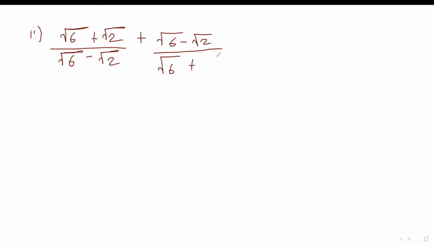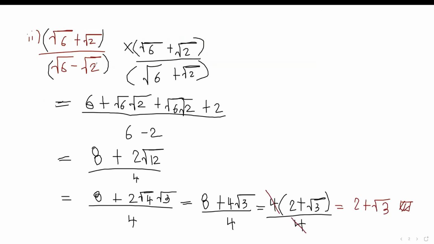Now look what I'm going to do to simplify this. Before I even go ahead and rationalize this and rationalize this, I already know that root 6 plus root 2 over root 6 minus root 2 is 2 plus root 3.